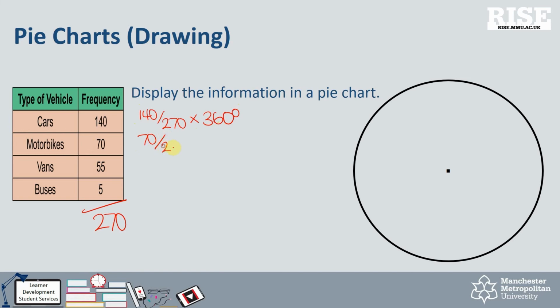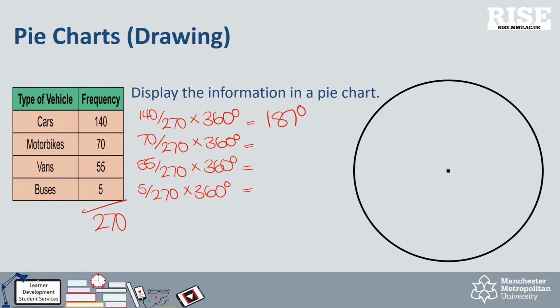The next one for motorbikes would be 70 over 270 times by 360, and so on. Let's figure out what angle is needed for each then. I'd need 187 for cars. For motorbikes, I'd need 93. For vans, I need 73, which means for buses, I need 7.